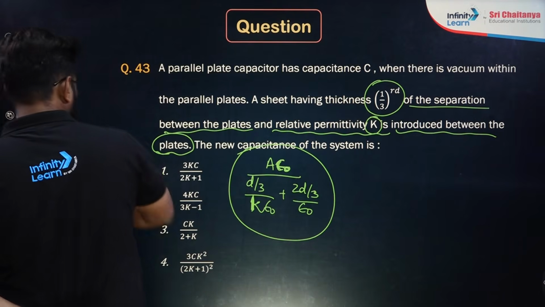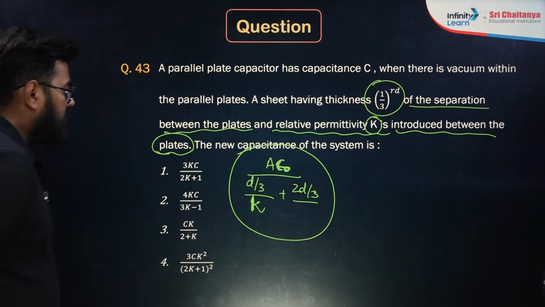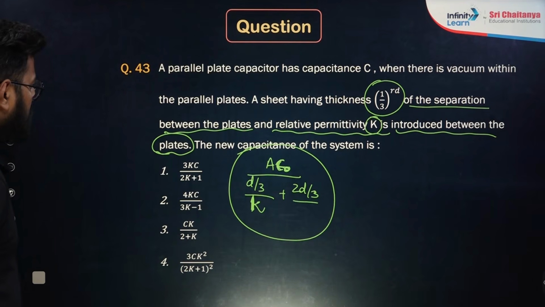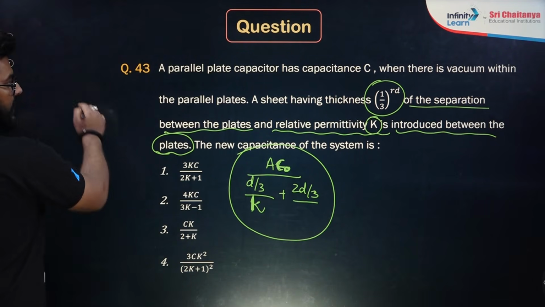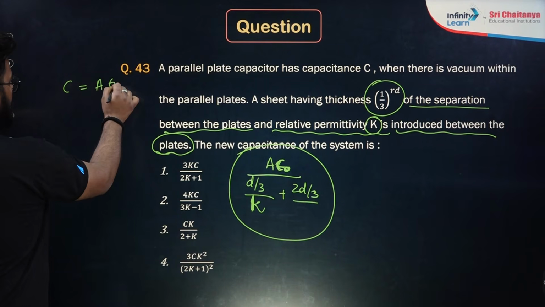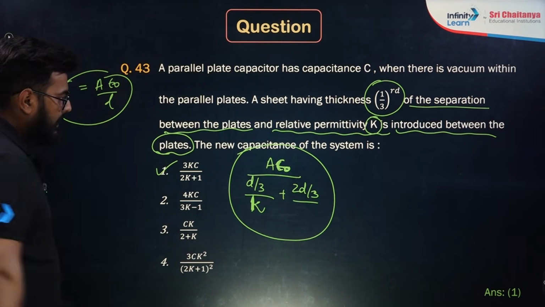Wait. This is K and this is 1, dielectric constant, right? So through this you will be able to find out the answer, and the C value you should already know. C is A epsilon naught by D. So upon comparison you will get the answer as option number 1.